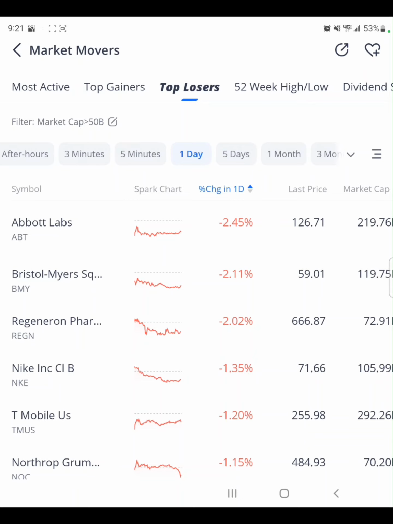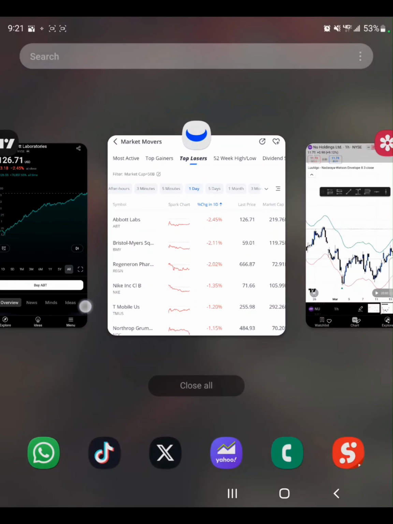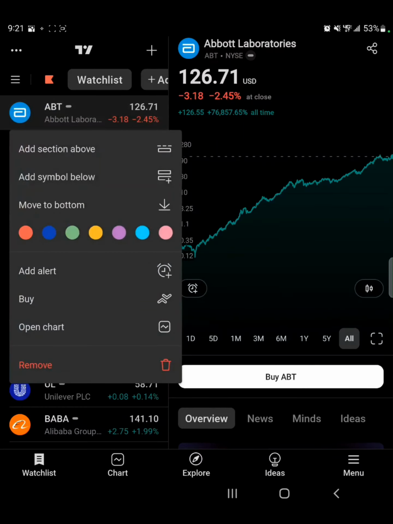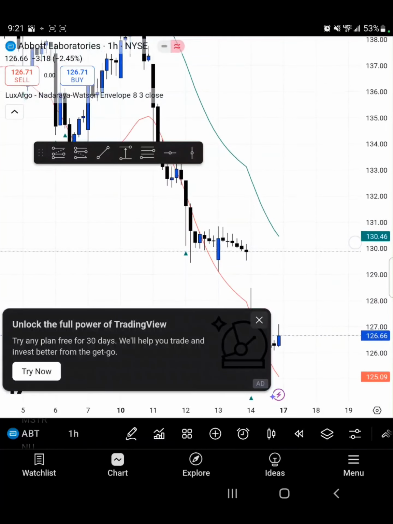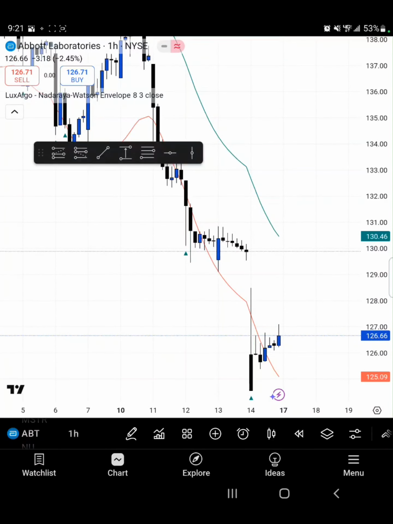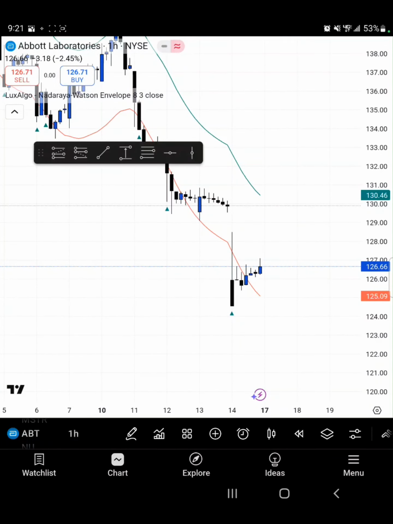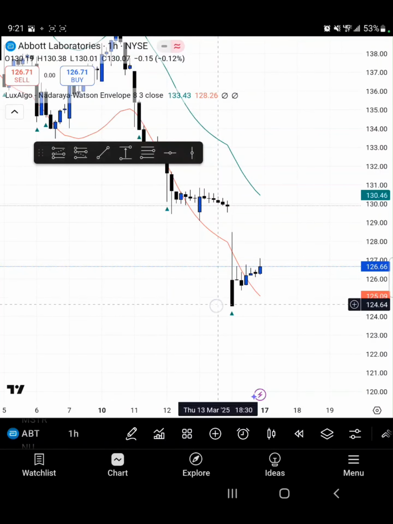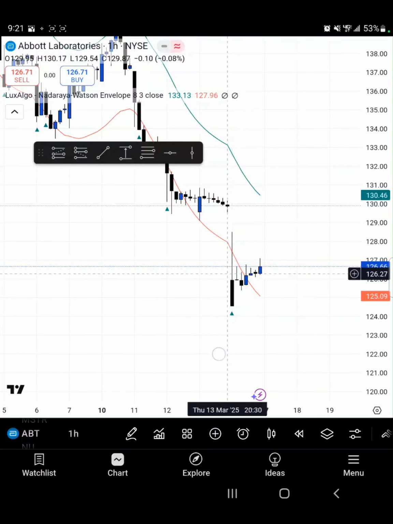So we'll head over to TradingView. We're going to use ABT as an example. Right, so what we're looking at now, as I mentioned earlier, if you are buying the dip, buying calls, or buying puts, you wait for the candle to cross over the envelope, either the green or red one.